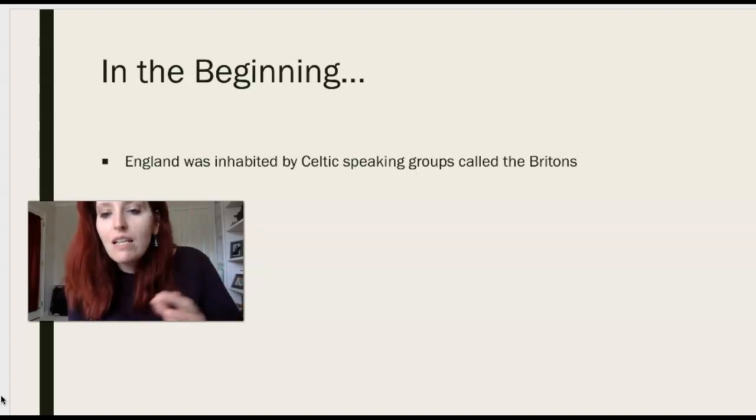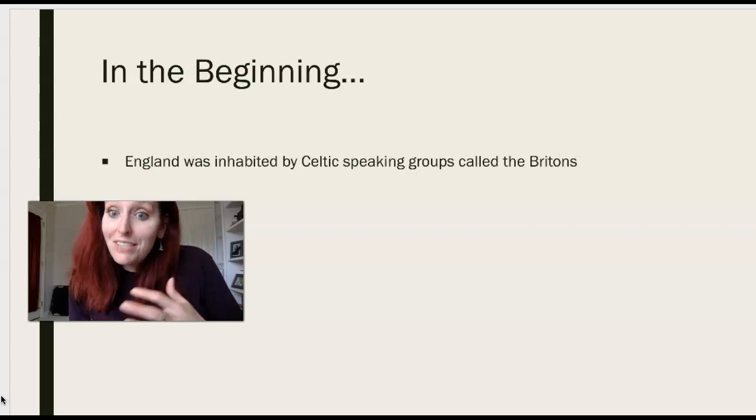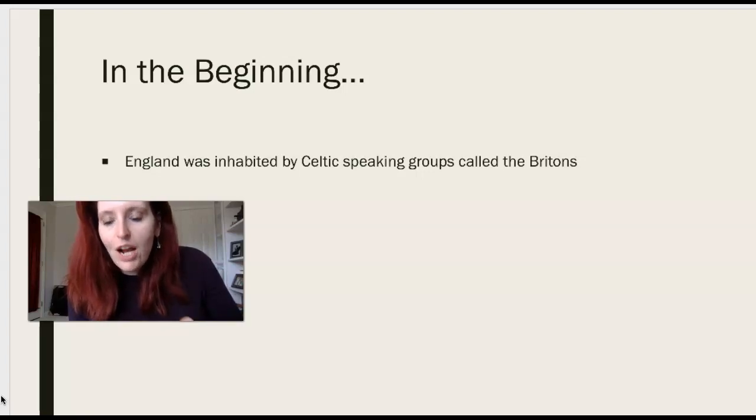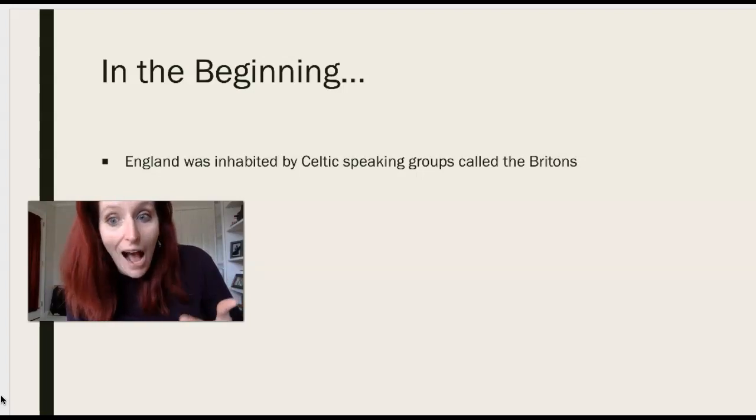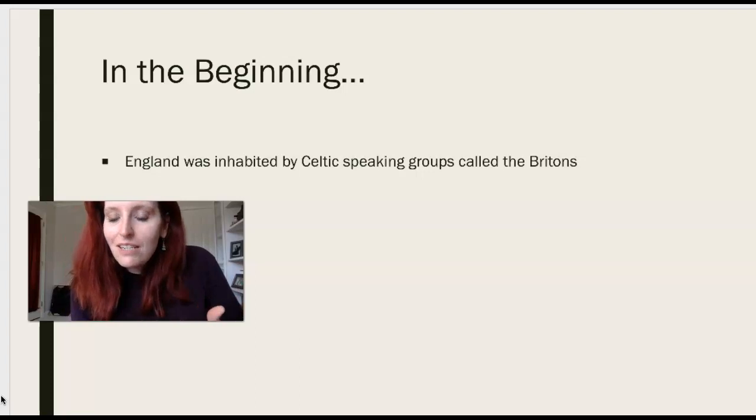And what makes England kind of different than a lot of the other lands, like the continent, so to speak, with Rome and France and the Germanic tribes and all of that, is that it is an island. And islands are unique in a way because they kind of have their own boundaries.